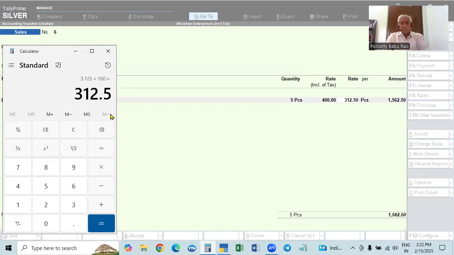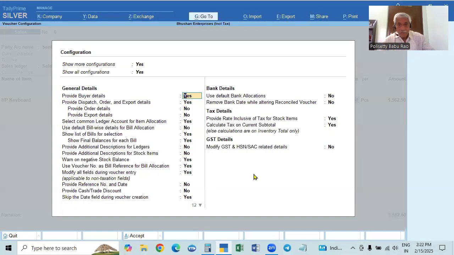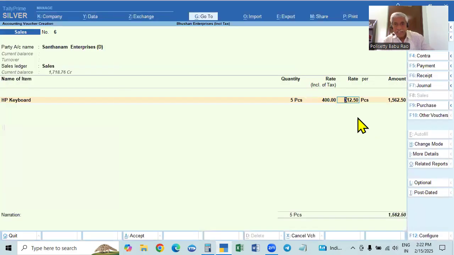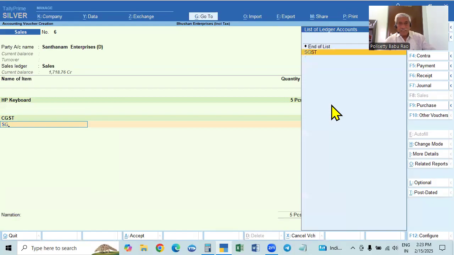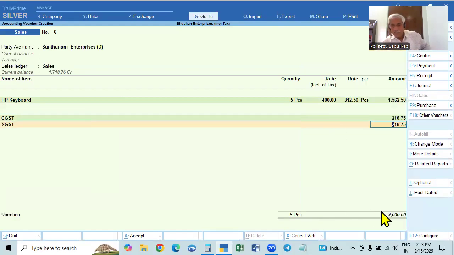If you make it this way, inclusive of tax, in F12, there is the option to provide rate inclusive of tax. If you give that, then it will automatically calculate 312 rupees, then come down to CGST and SGST. The total amount is 2000.